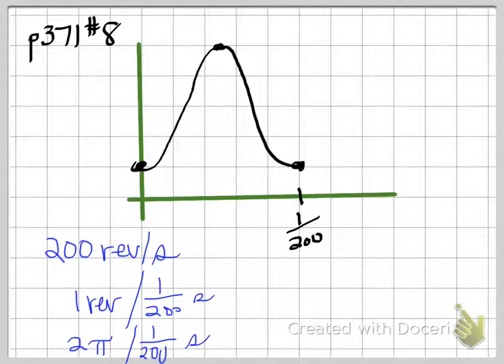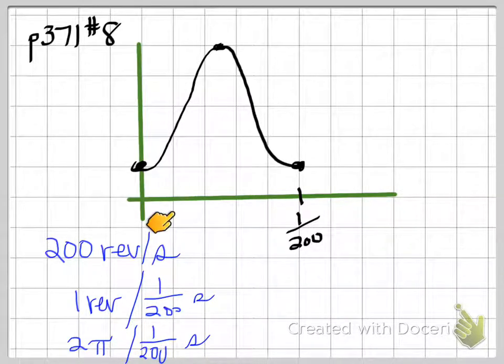1/200 is the final value. So, at what intervals will there be values? 1/200 means that half of that is 1/400, and half of that again is going to be 1/800. So you have 1/800, 1/400, and we need to find the value that goes here, and that should be 3/800 if we divide this into 4 parts.